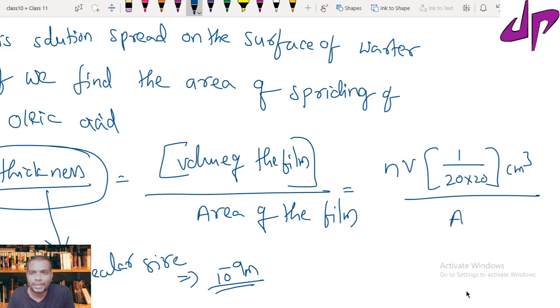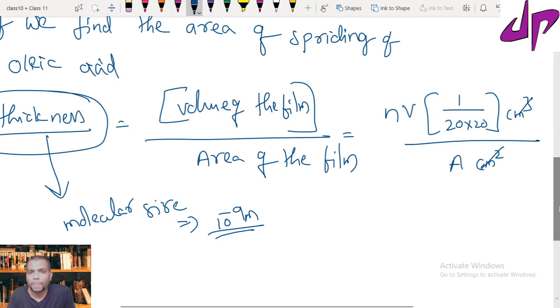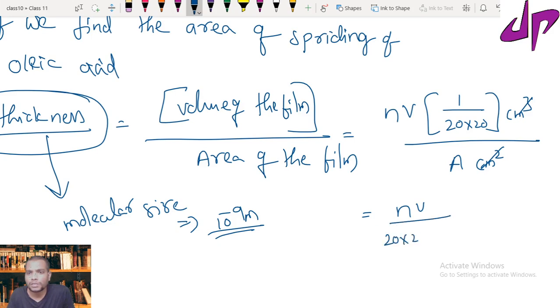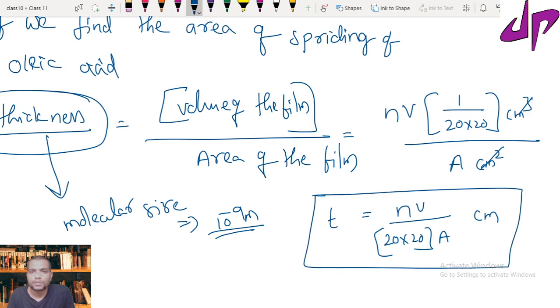If A is the area of the film, in centimeter square, you can cancel that. You are left with the final expression, that is n times v upon 20 times 20 times A centimeter, which is the thickness. This thickness we need to calculate in terms of molecular size. The final expression we get is of the order of 10 power minus 9 meters.